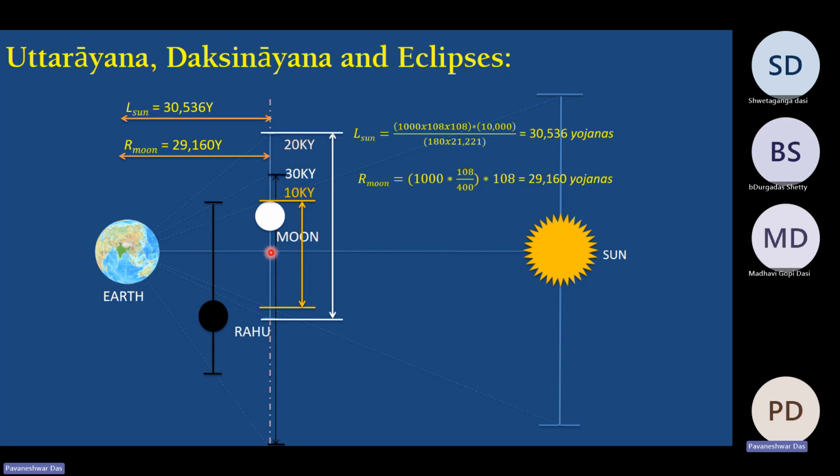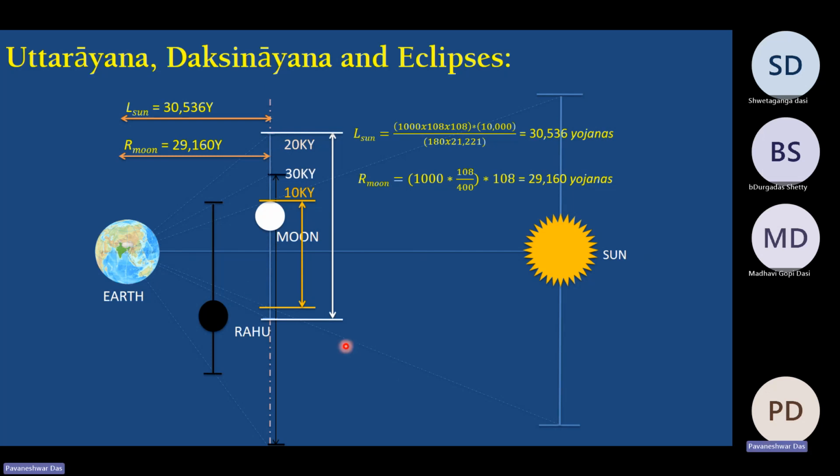So the ratio between this and this is equal to the ratio between this and this. This is the formula. And this gives, from here to here, the location of the window of sun, 30,536 yojanas. And the moon's orbit is at 29,000. 29,000 is the same place only. We have taken the window.